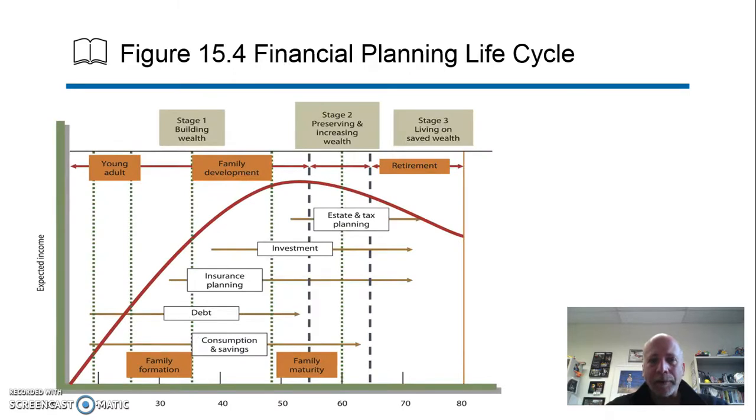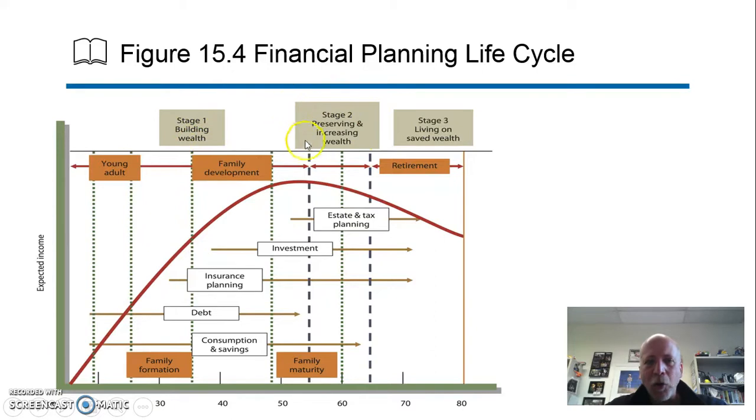So here is a financial planning life cycle, and it has a lot of information that I would just like to have you take a look at for a short moment. Up on top here, we have different stages. While we are working in our career and retirement is a ways off, what we're looking at in this stage, from say 20 to 50, 55, is building wealth.